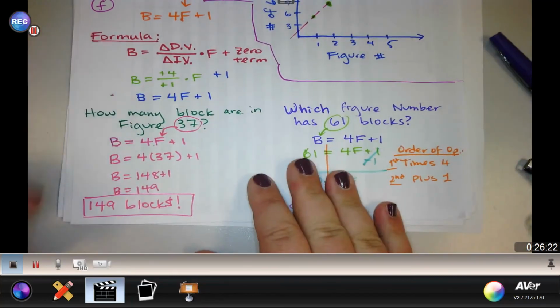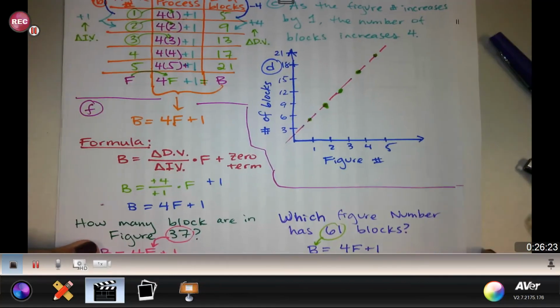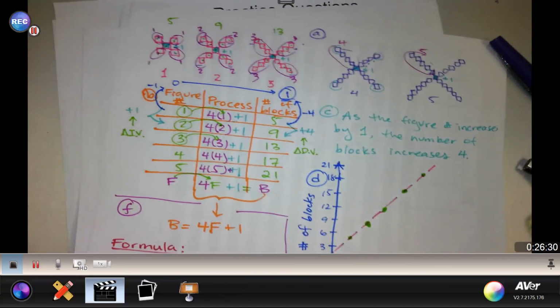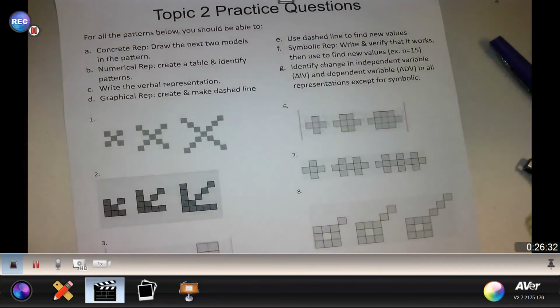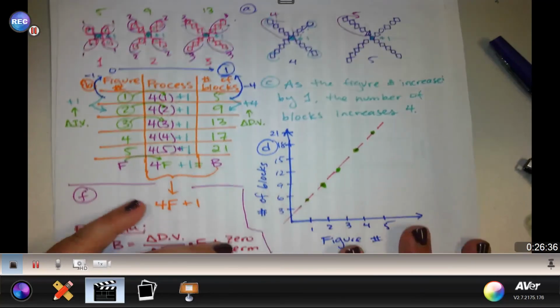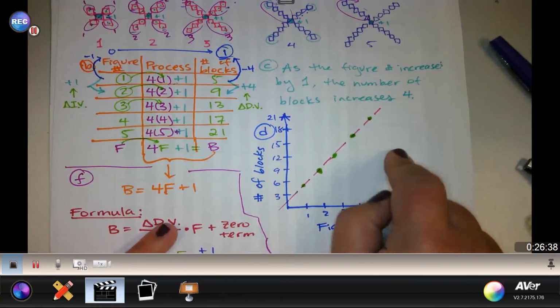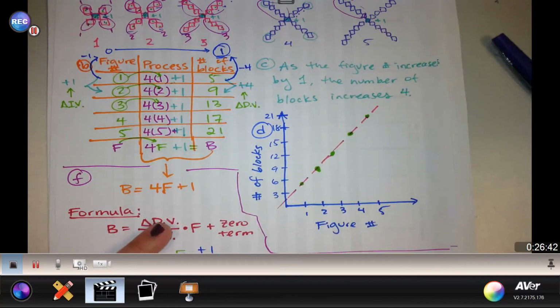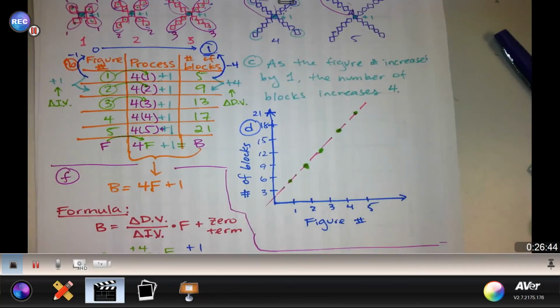Okay, so that is now part F done, because it says use to find new values, and that's the 2 ways to do that. But remember, I had said we were going to skip E, because E says use the dashed line to find new values. So obviously for the dashed line, I can't do super big numbers because it would be off the graph.